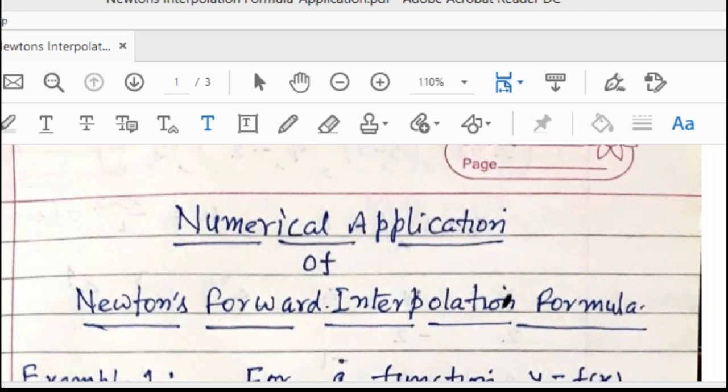As we know, the function is approximated by a polynomial, and the polynomial has been developed with the help of Newton's formula, which is nothing else but the approximation of the function in various forms of polynomial. So we are going to present two important examples here.